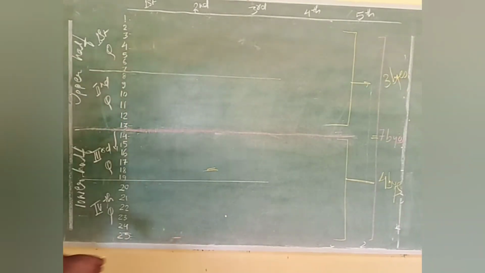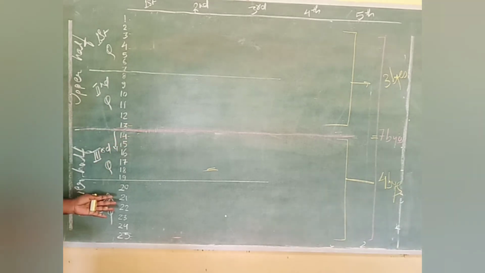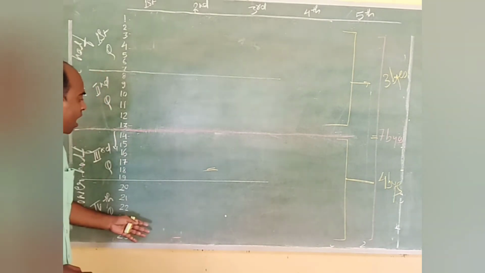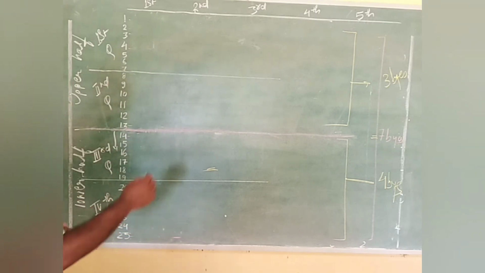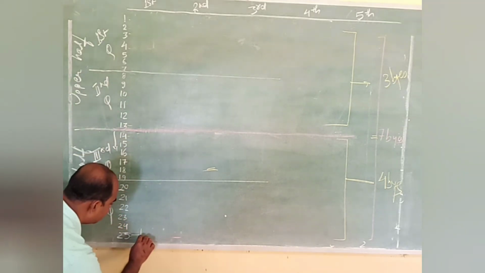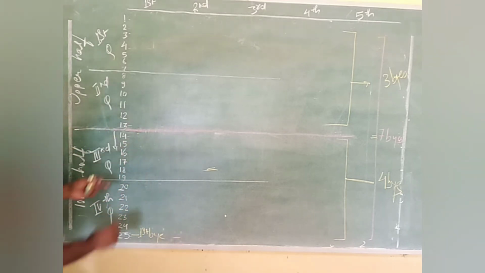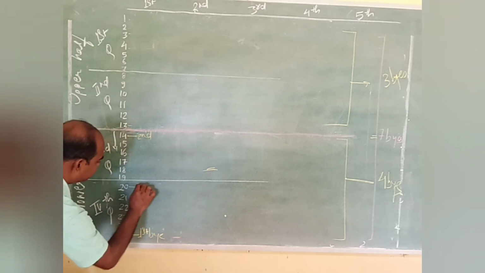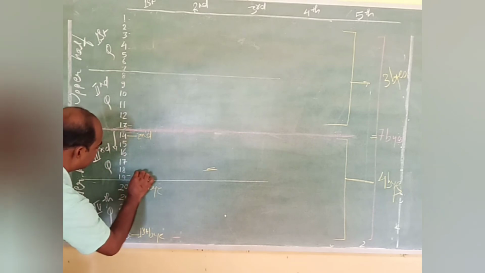So in the lower half, 4 byes, how to give 4 byes? Here we will not go upper half, lower half. What we will do is give the first bye here, then the second bye here, third bye here, and the fourth bye here.